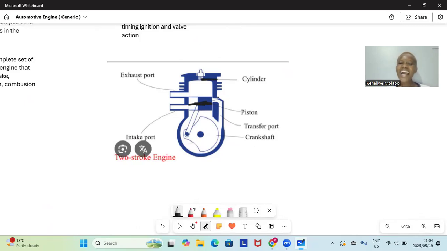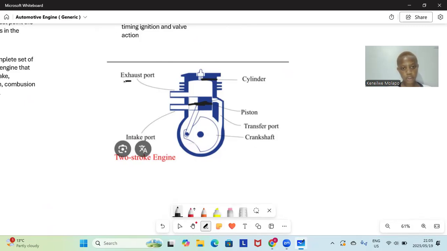Then the bottom dead center is the lowest position that the piston reaches in the cylinder.